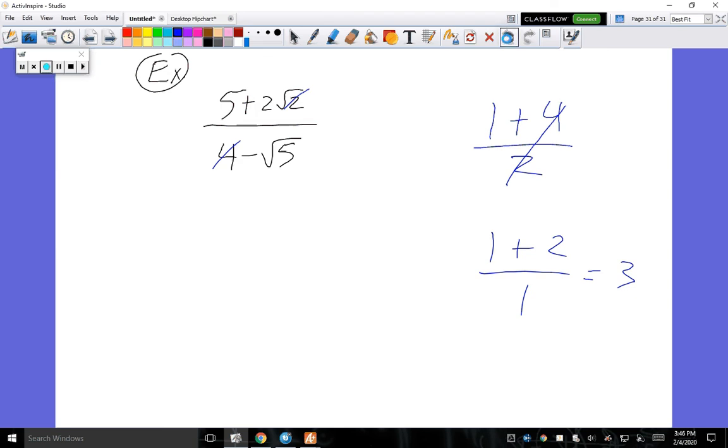Alright, so 5 plus 2 root 2 over 4 minus root 5. I'm going to rationalize the denominator, but it looks a little bit different, okay?